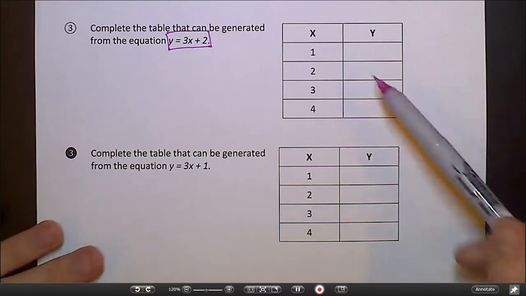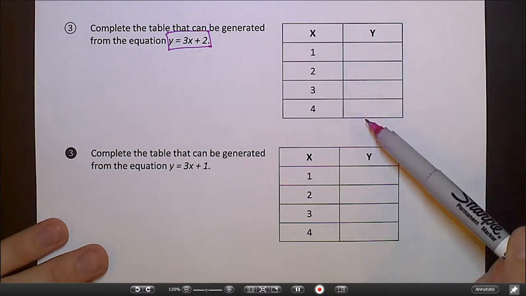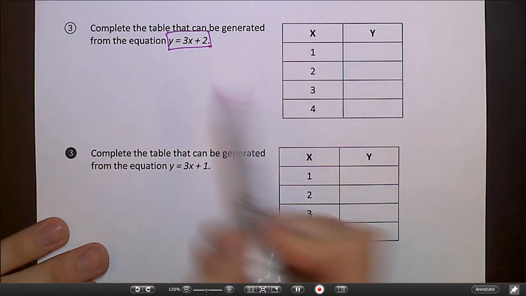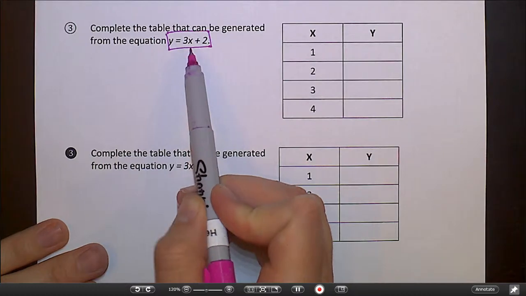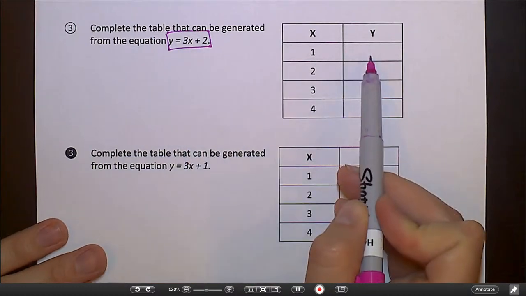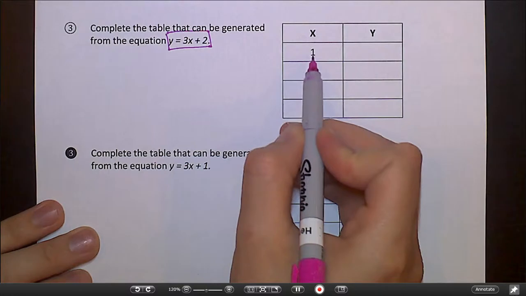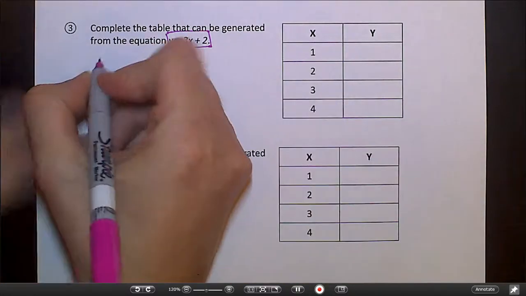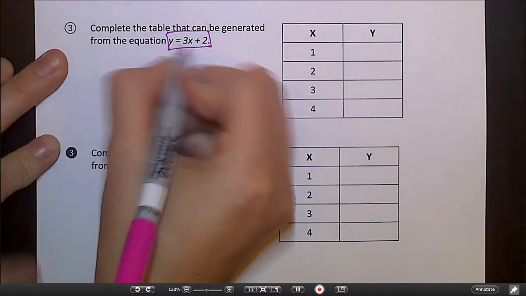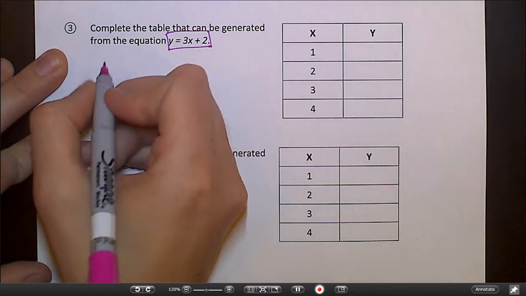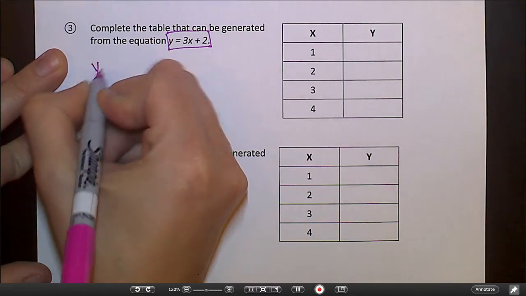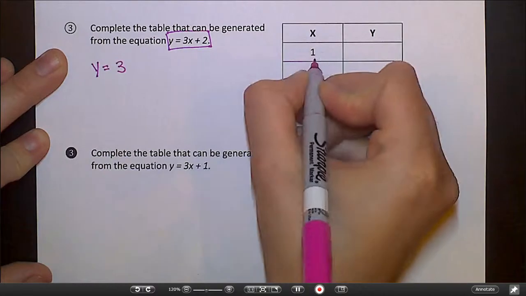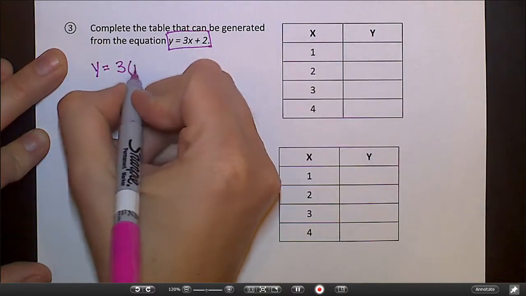But the way that we're going to figure out what our y's should be is by plugging in our x's and then figuring out what y equals. So let's do x equals 1. I'm going to start with my equation, y equals 3x plus 2, but I need to plug in 1 for x.